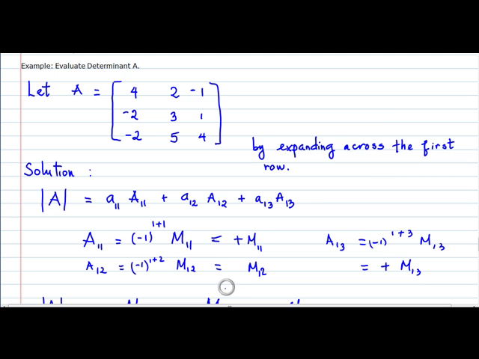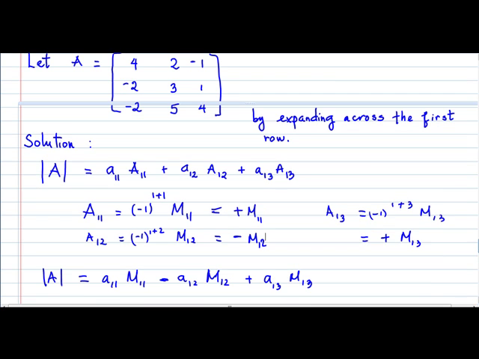The next one here, I actually have a minus, because 1 plus 2 is 3. So -1 to the third power is -1, just a minus times the minor M12. And the last one is a positive 1 because 1 plus 3 is 4. So -1 to the 4th power is positive 1 times the minor M13.